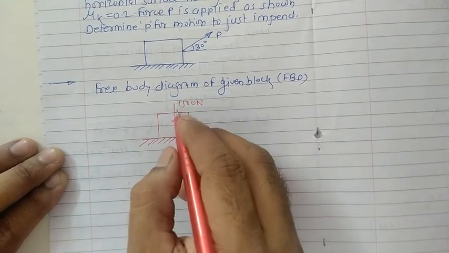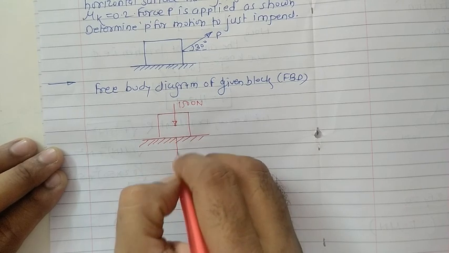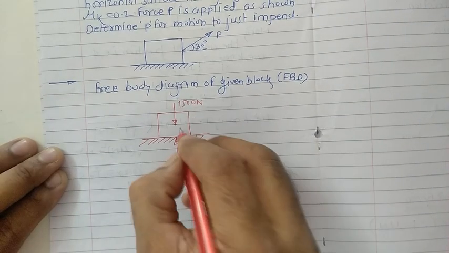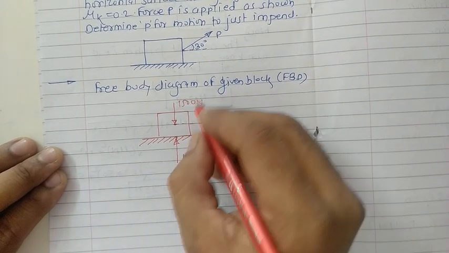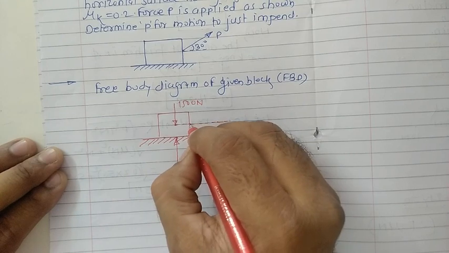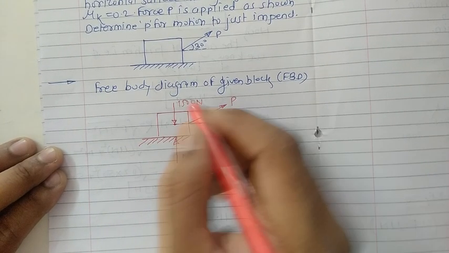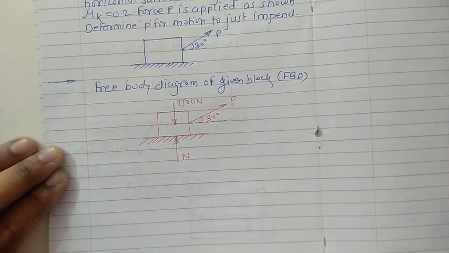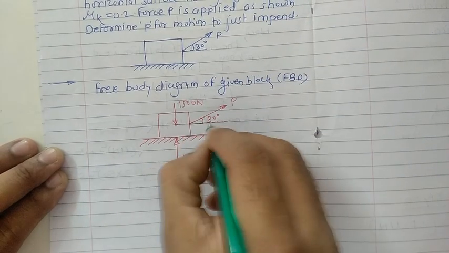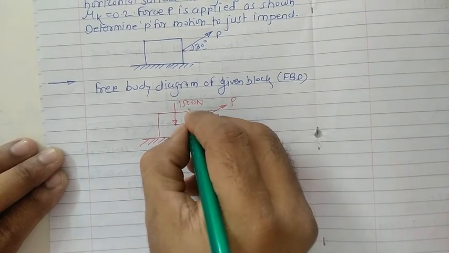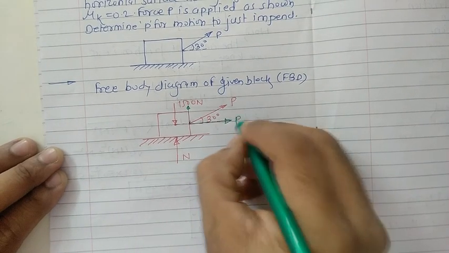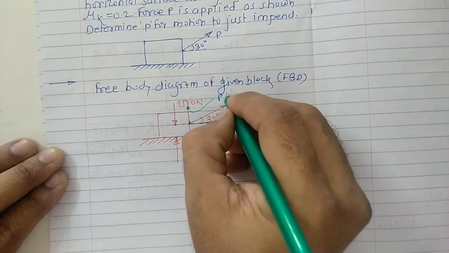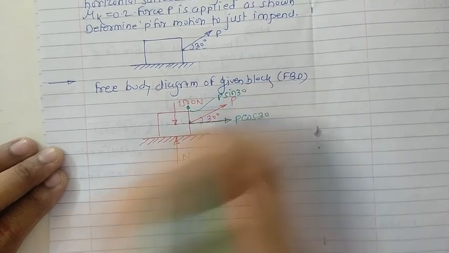Because of the weight in the downward direction, the normal reaction comes into the picture, whose magnitude is N. Now on this block one force is applied whose magnitude is P, that makes an angle of 30 degree. Get the components of this P, one towards the horizontal direction and another towards the vertical direction. The horizontal component is P cos 30. The vertical component is P sin 30, in this way.